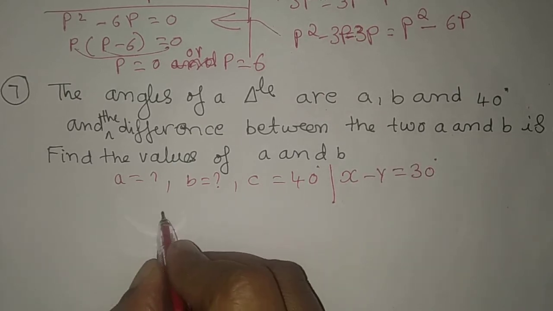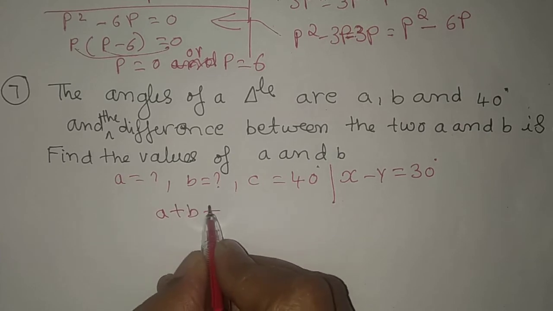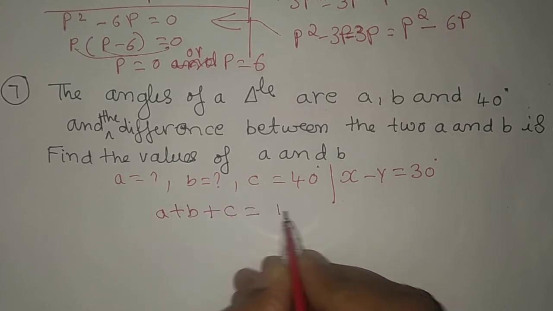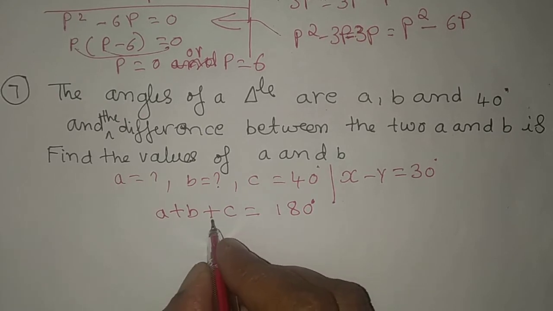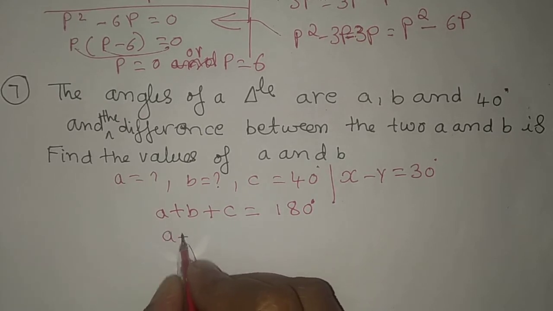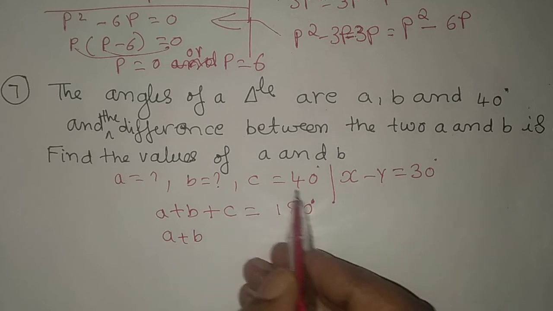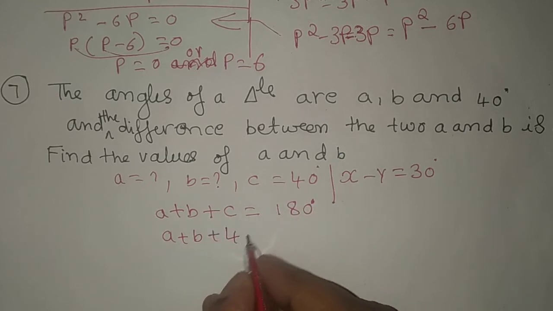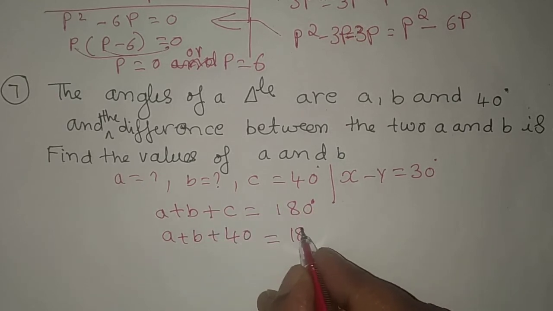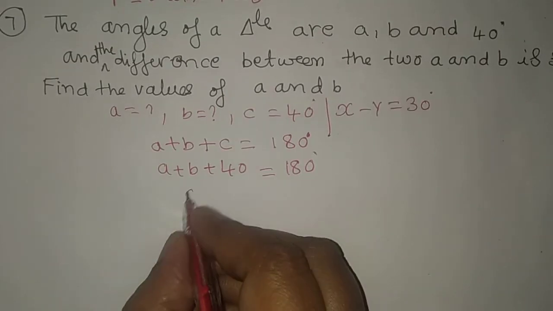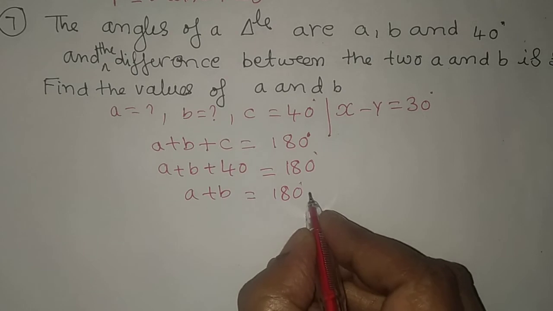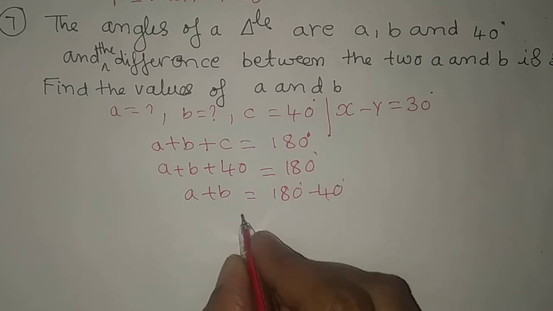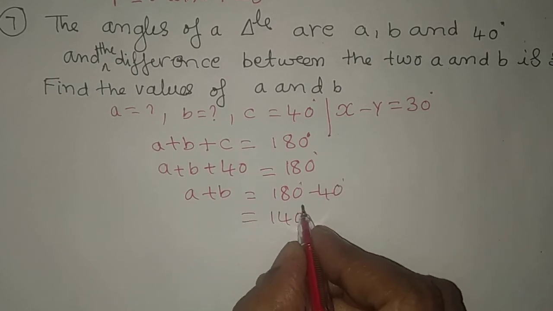Therefore we know the sum of all the angles of the triangle is equal to 180 degrees. So substitute: A + B + C, here C is 40, then we get 180, then A + B will become 180 - 40, which is equal to 140 degrees.